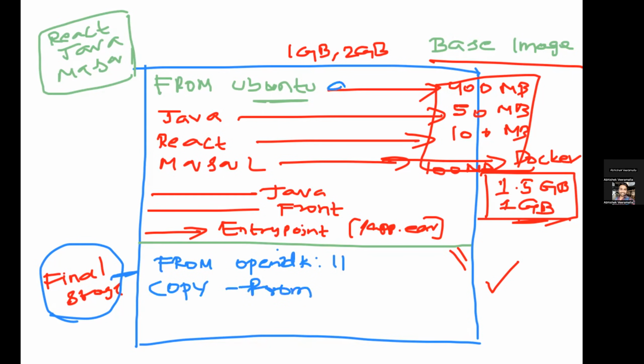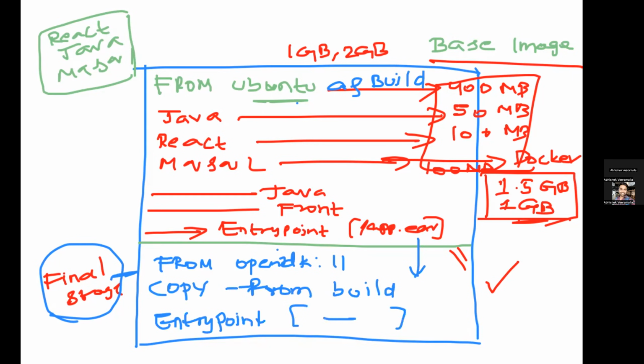From here we can say FROM Ubuntu AS build, so you create an alias for it. Then you'll say COPY --from=build this specific EAR file, and finally as part of the entry point or CMD, you will just execute this specific app.ear.